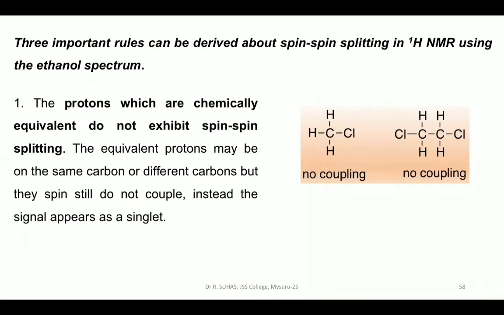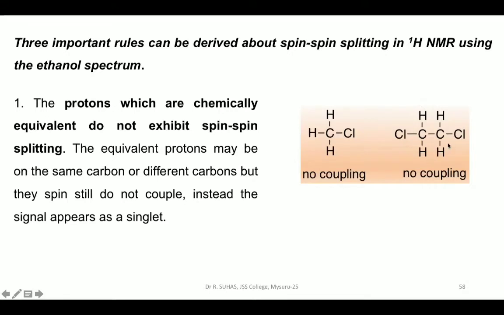Here coupling refers to interaction, magnetic field interaction. The magnetic field sends information from one proton to another proton, by means of which they interact with each other. Once the magnetic fields interact, the spin arrangement gets changed. Here all the 3 protons are present in the same environment, and hence there is no coupling.